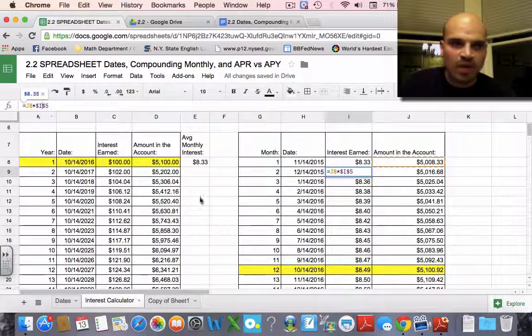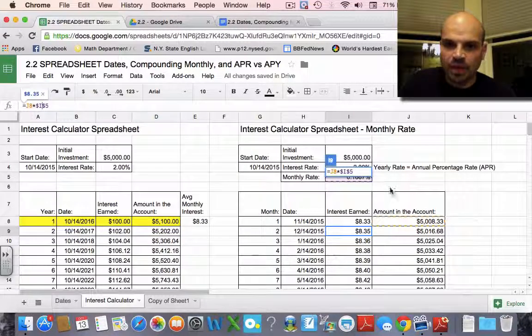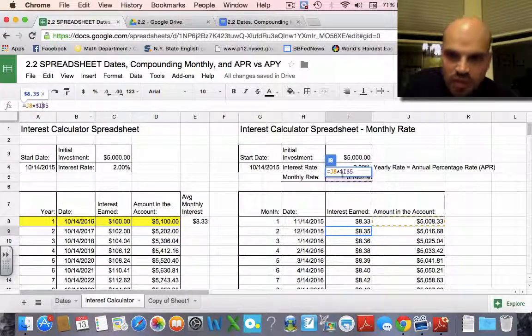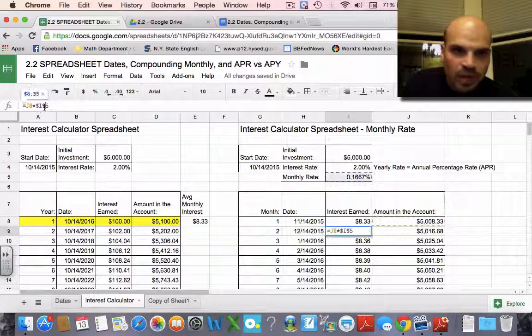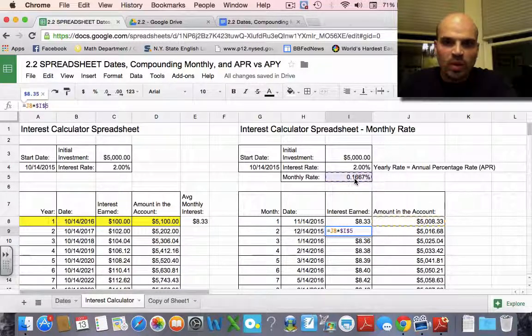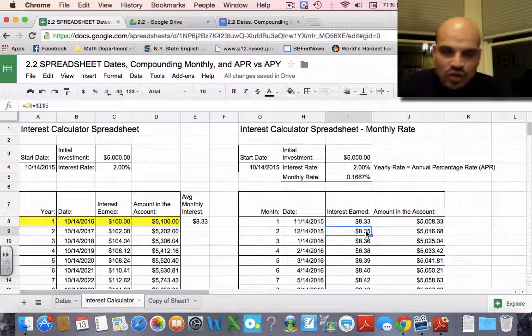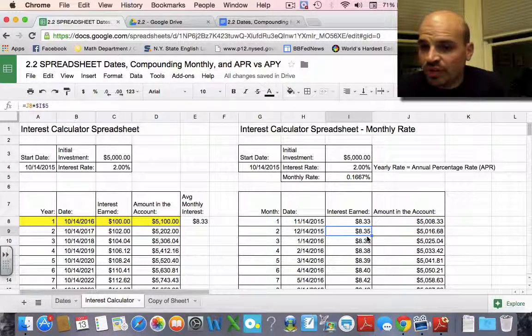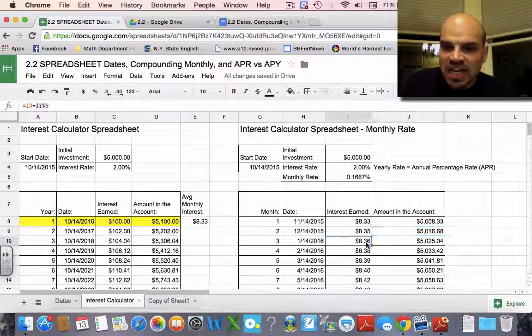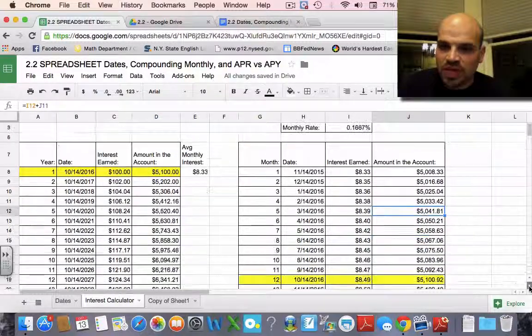Well, it came from taking my interest rate, which is the monthly interest rate, 0.1667%, and applying that to the previous month's balance. So in other words, I made interest on the original $5,000, and I made interest on the $8.33. That's why I get an extra 2 cents of interest. I get $8.35. And this continues to build, and it builds in our favor because we're saving money.